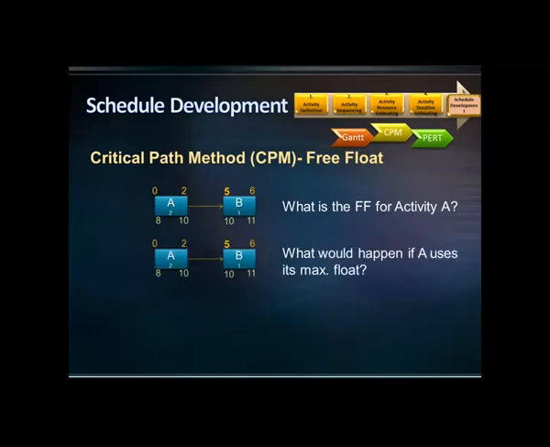What would happen if activity A uses its maximum float? If A finishes on day 10, then B cannot start earlier than day 10.